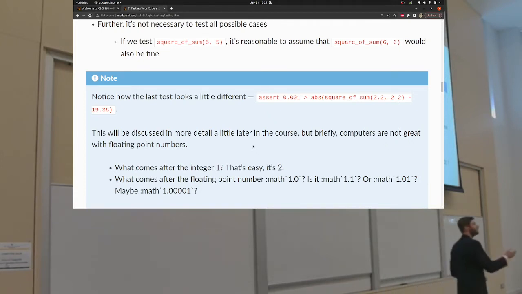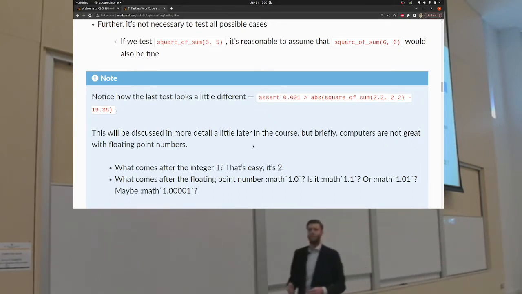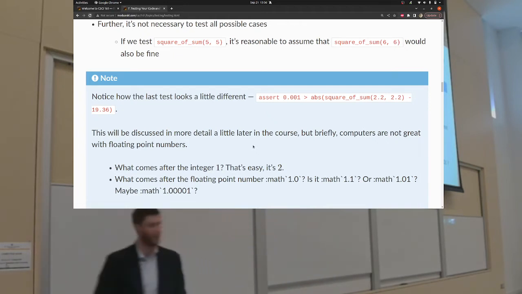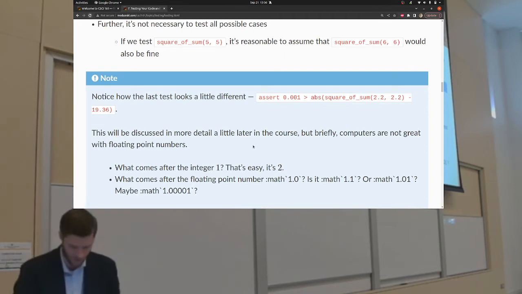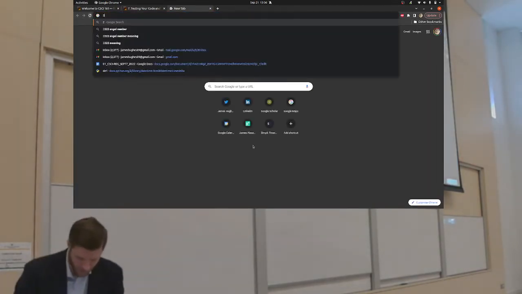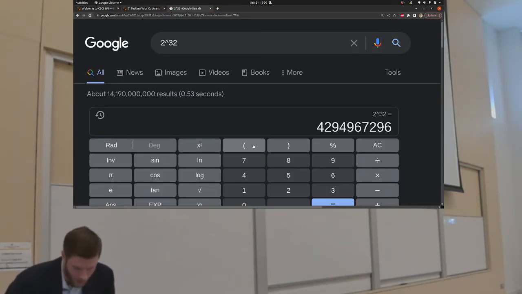And because of that, in our computer, we have transistors and whatnot. We have a finite amount of zeros and ones we can use to store integers. Eventually, we will run out of room. There is a max. Python's a little different. But if you have a 32-bit computer, meaning you have 32 zeros and ones, you can represent 2 to the power 32. What is that?